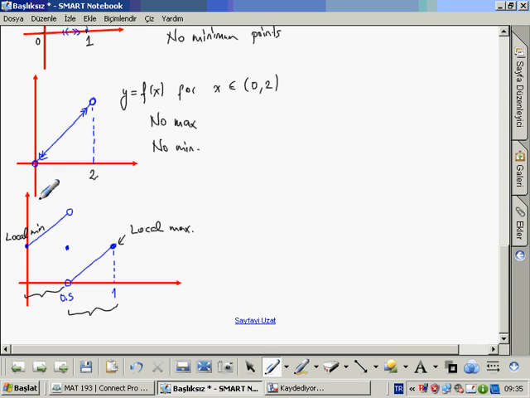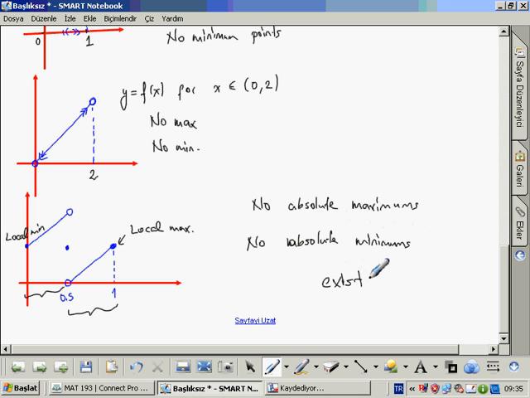But we have just found local maximum and local minimum points. We can say no absolute maximum and also no absolute minimum exists.